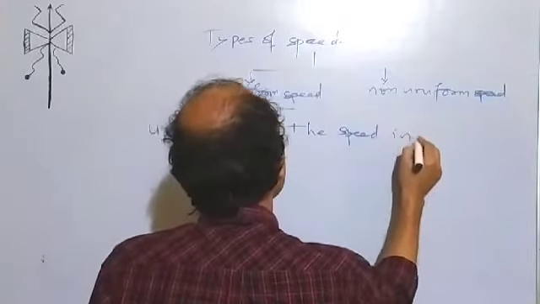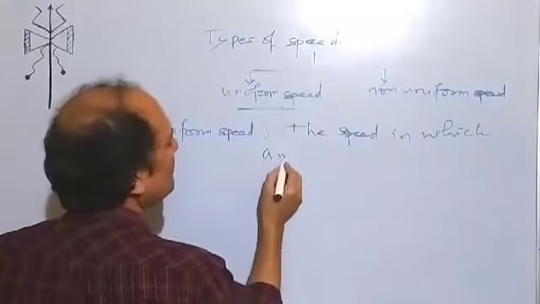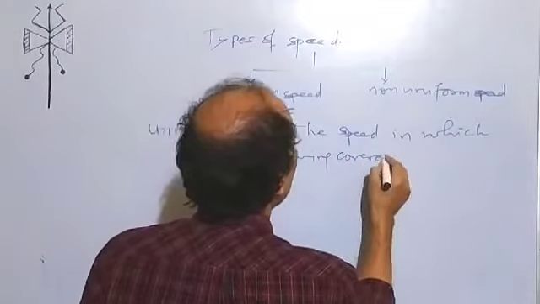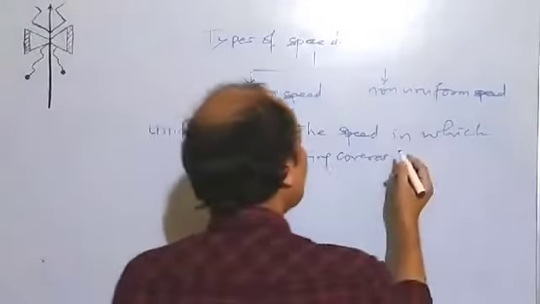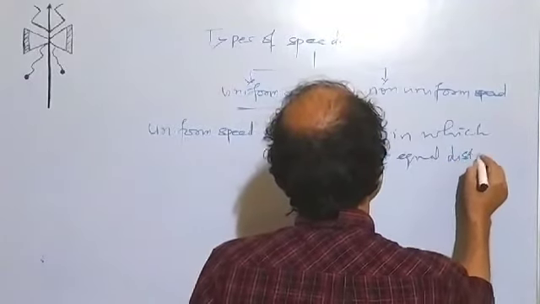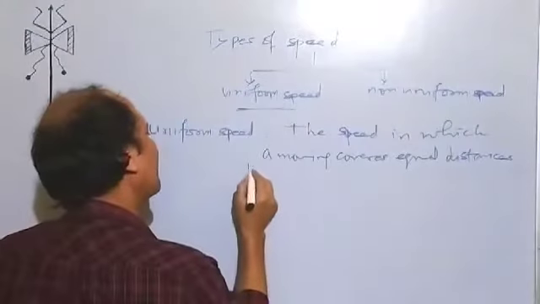The speed in which a moving body covers equal distances in equal intervals of time.